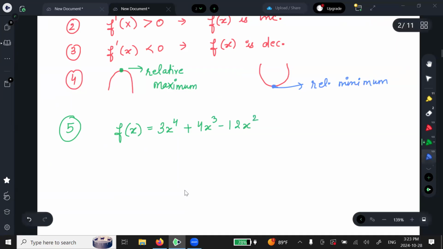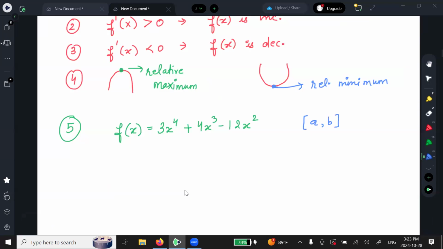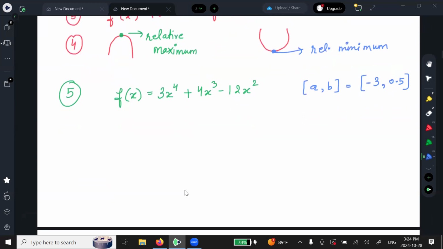And if you notice one thing, they have also given you the endpoints of the interval. It's -3 to 0.5. This is all given to you in the question. Now, there are 3 points that they want you to answer. Everybody should know how to find critical points at least, okay? How do I find critical points?